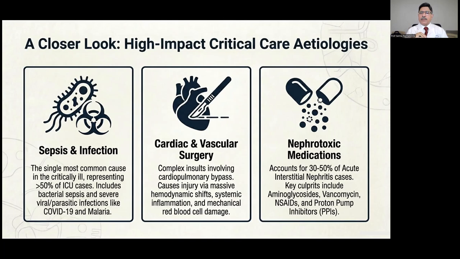And nephrotoxic medications, 30 to 50% of AKI is due to medicines: aminoglycosides, vancomycin, NSAIDs, and remember, left and right we are using proton pump inhibitors. They can be a cause for acute kidney injury. Proton pump inhibitors, not very common, but they can be there.